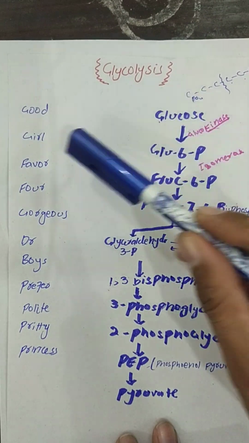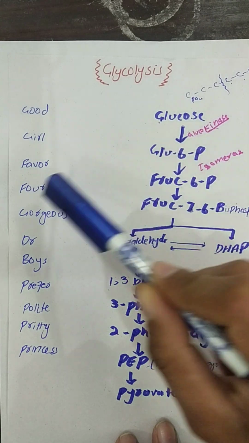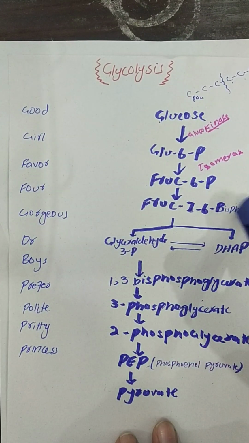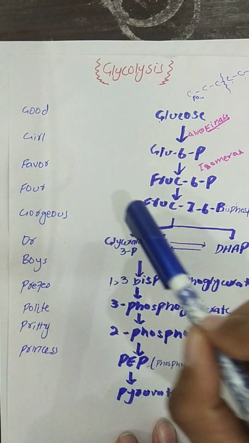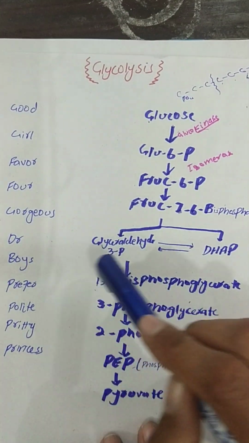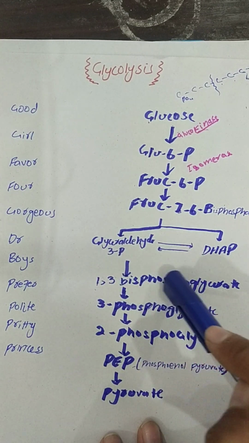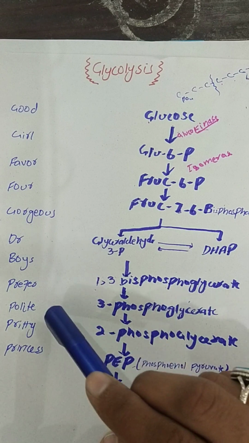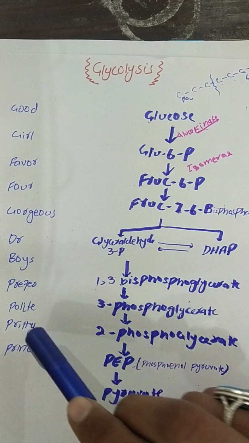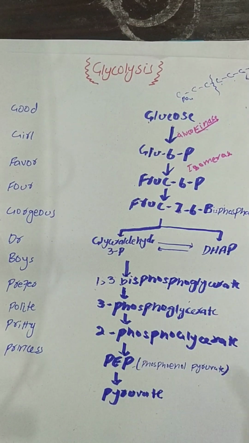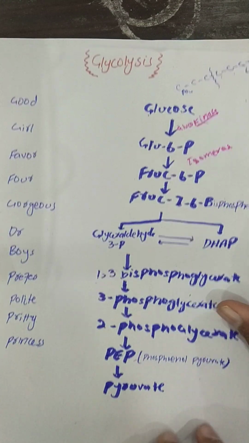So G for glucose, G for glucose 6 phosphate, F for fructose 6 phosphate, F for fructose 1,6 bisphosphate, G for glyceraldehyde 3 phosphate, D for dihydroxyacetone phosphate, B for 1,3 bisphosphoglycerate. P for 3 phosphoglycerate, and then again P for 2 phosphoglycerate, then P for PEP, and this last P for pyruvate.